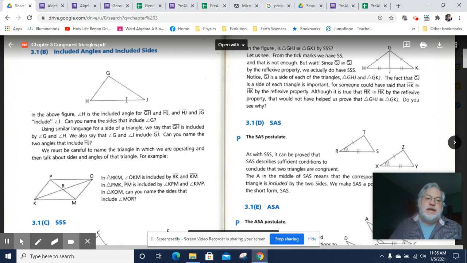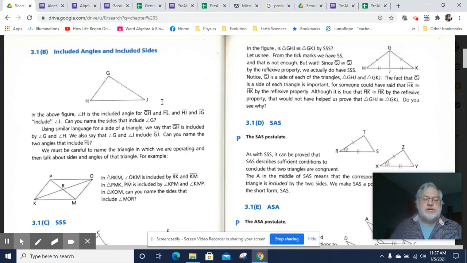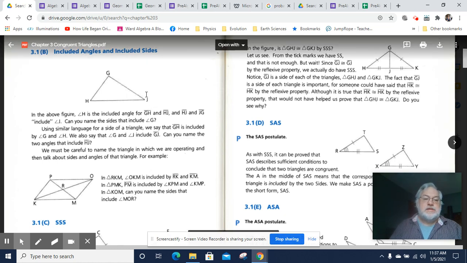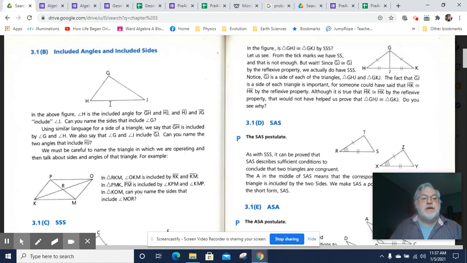Angle H is not in between those two sides unambiguously, because angle H and angle G are both between it. We want to look at the one that is most definitively between those two sides, and that's J. So the included angle J is included between sides GJ and HJ.